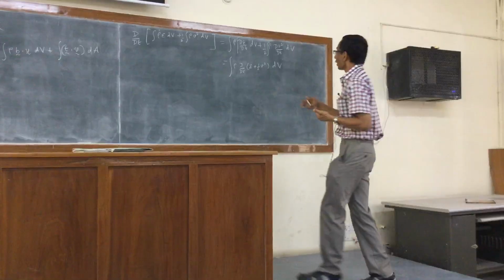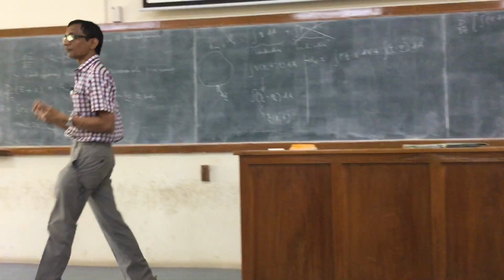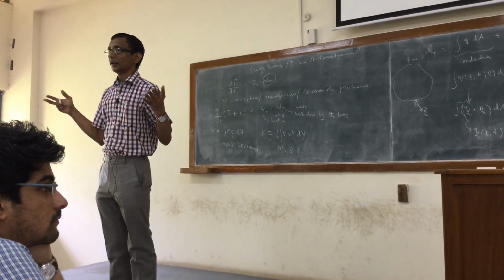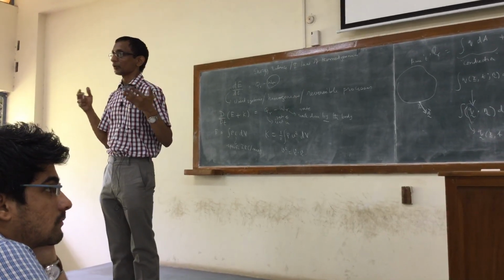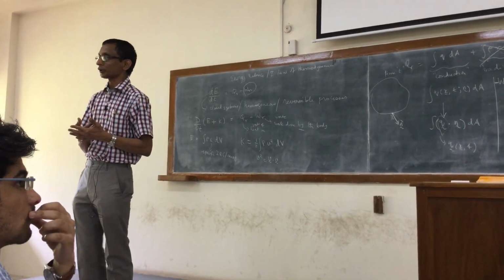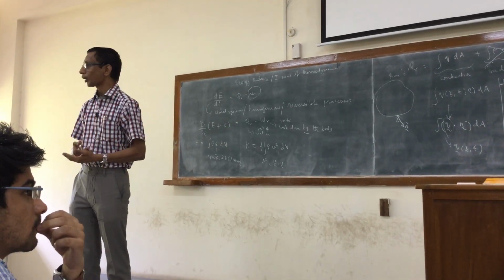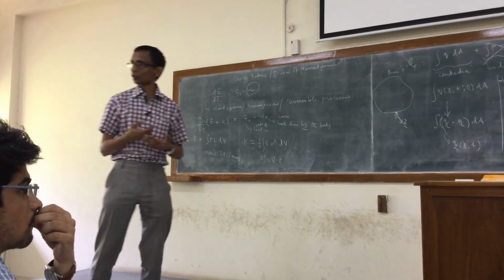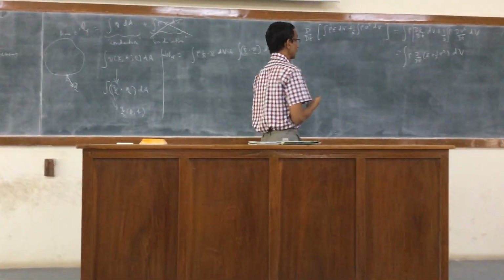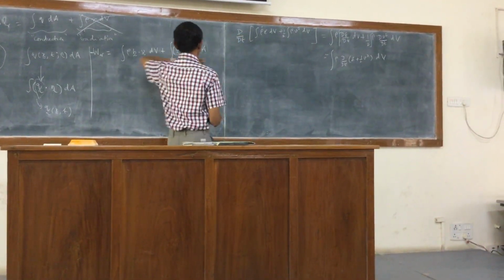So now I want volume integrals everywhere, and whatever area integrals are there, I will convert them to volume integrals by using the divergence theorem and get an equation which is the sum or difference of integrals, all of which are volume integrals. I will group all the terms together and then equate the integrand to zero to get the local equation. That's the procedure we follow throughout, both in the mass balance as well as in the momentum balance, as well as in the angular momentum balance. Right? So that is what we have.